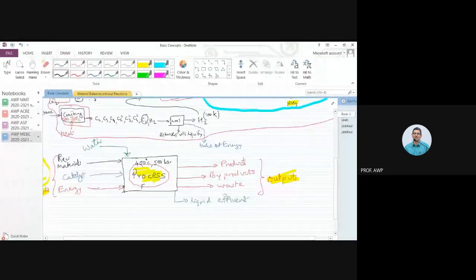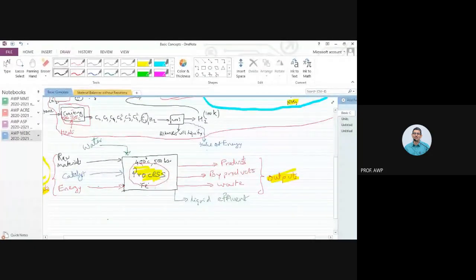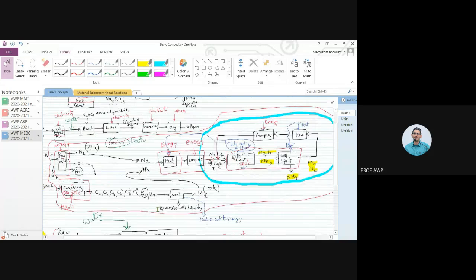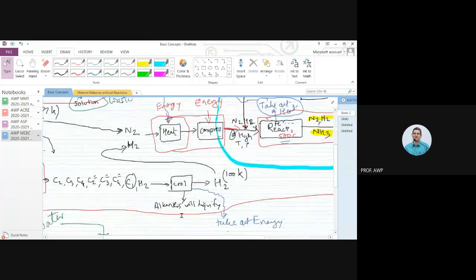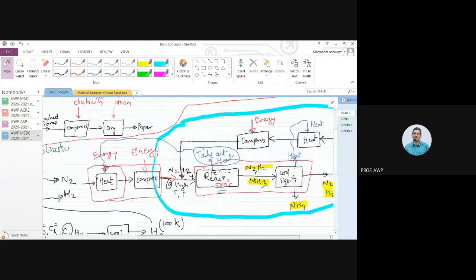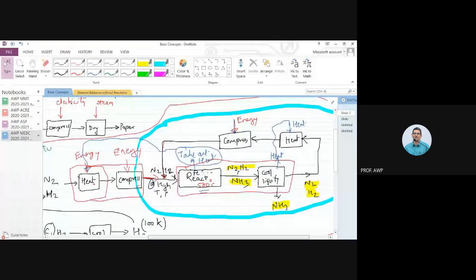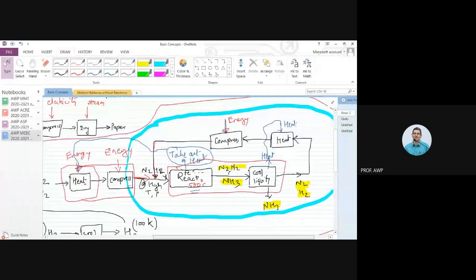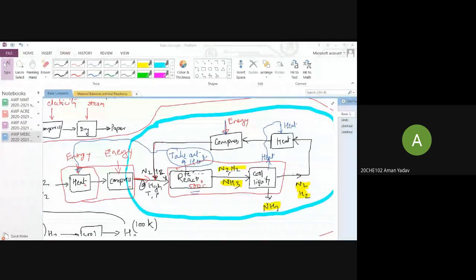It requires iron catalyst. Would you like to read 2-3 pages, or do you think this diagram conveys practically all the information? Maybe some of the information may not be there, but does it convey practically all the information? Yes, sir, almost everything.